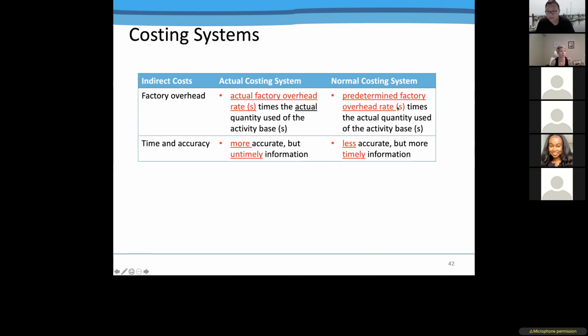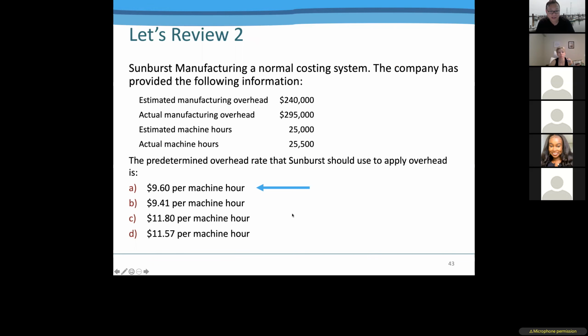Under this system, it's less accurate, but it allows us to provide timely information. For the actual costing system, the actual overhead is calculated by the actual overhead rate multiplied by the actual quantity, so it's more accurate, but you have to wait until you have all the actual figures.